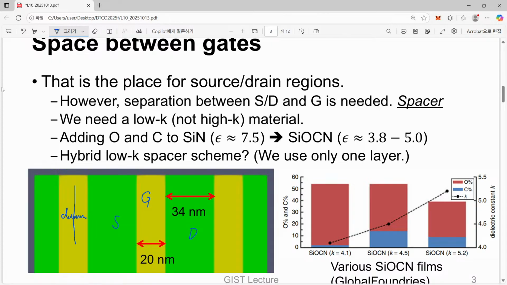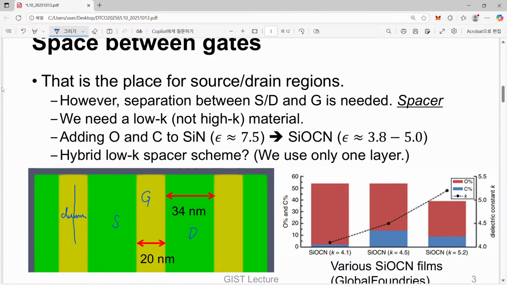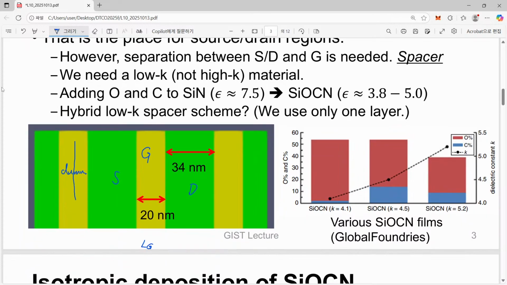I remember that I introduced the reason why we have to introduce a spacer here. If we really fill our 34 nanometer entirely with source material and drain material, that will be quite good in terms of resistance, but there is a strong capacitive coupling between source and gate and between drain and gate.